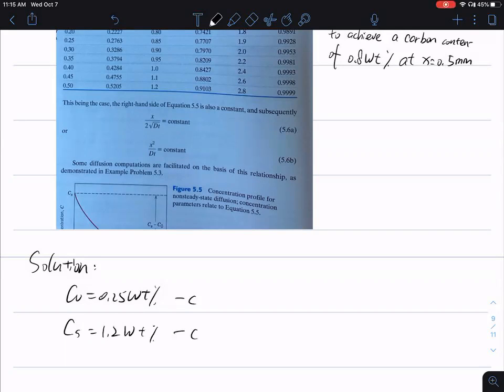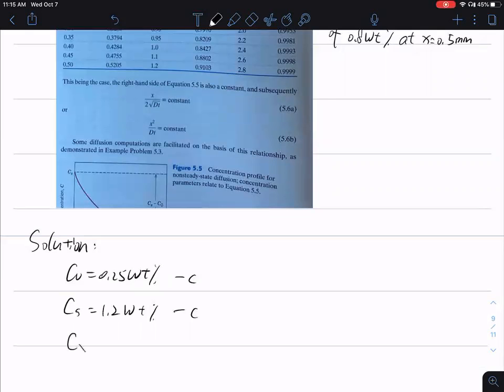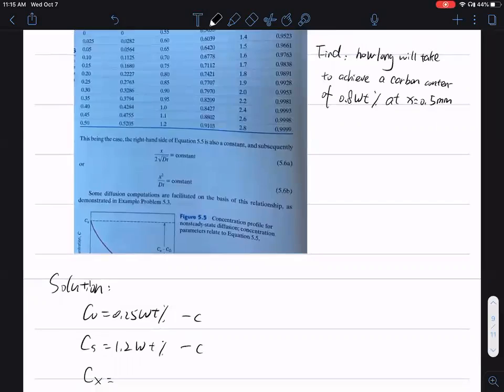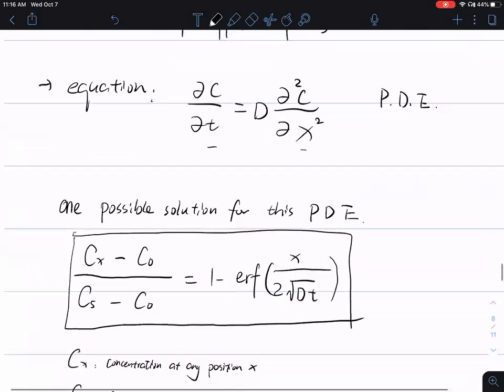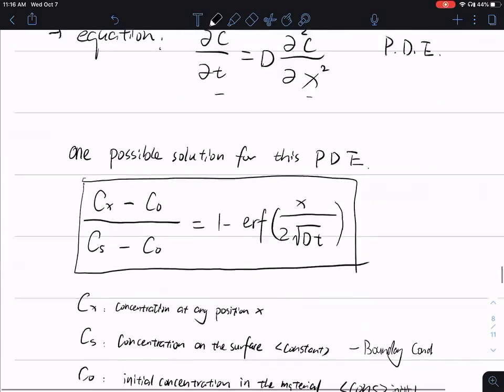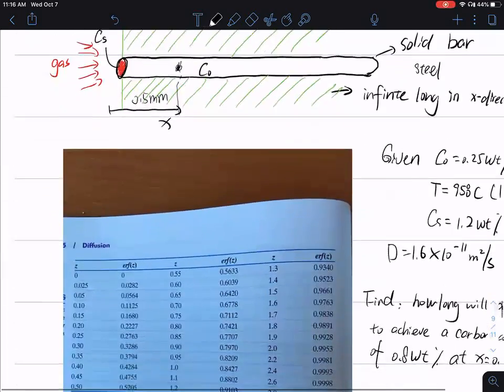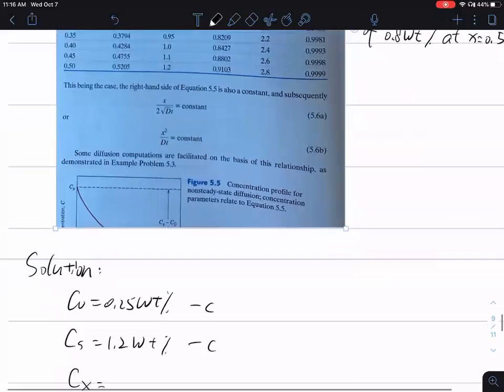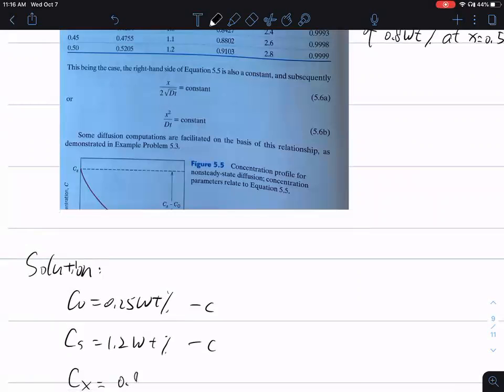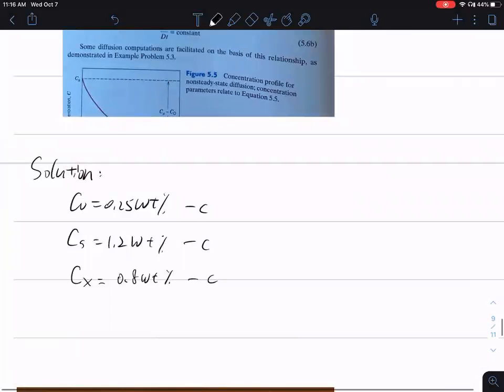That's carbon as well. And we also know Cx. Do we know Cx? What's the Cx in this equation? Yeah, that's the concentration we want to reach for this problem. We want to reach a high concentration of carbon, which is Cx. Cx should be 0.8%. That's our goal, to reach Cx of 0.8%. That's also carbon.